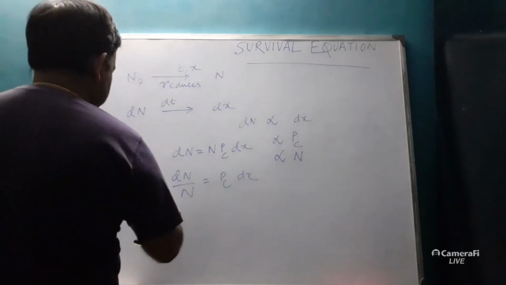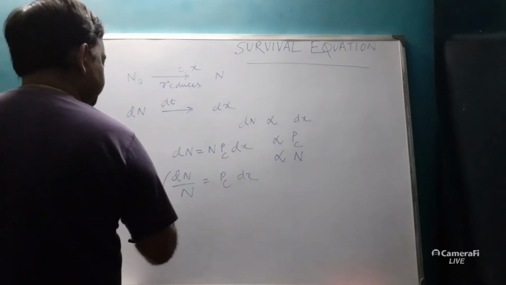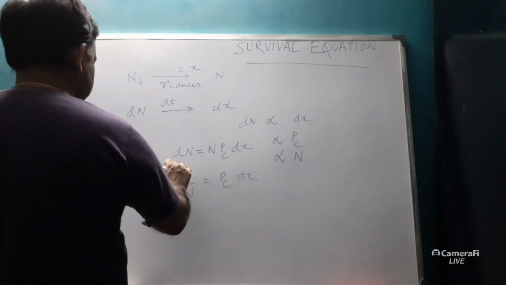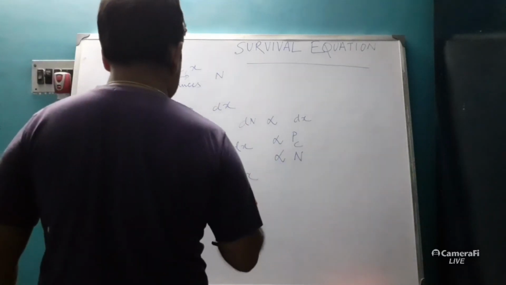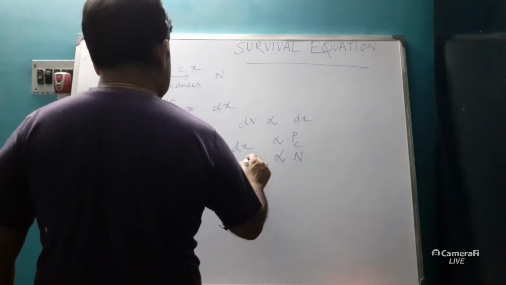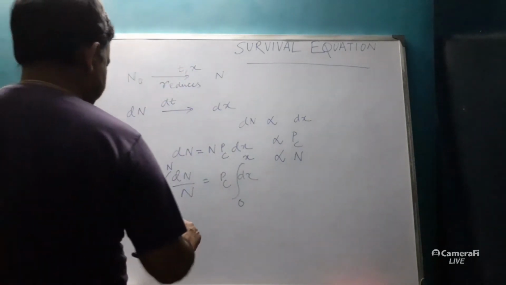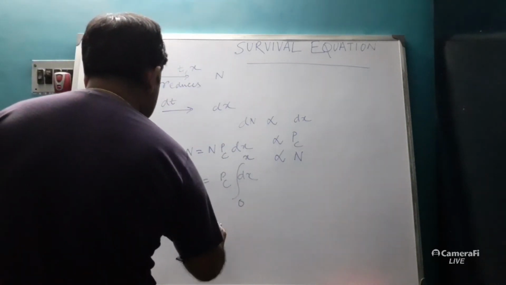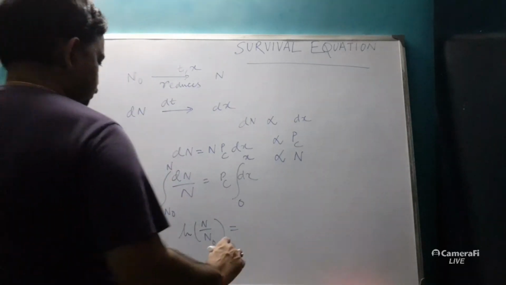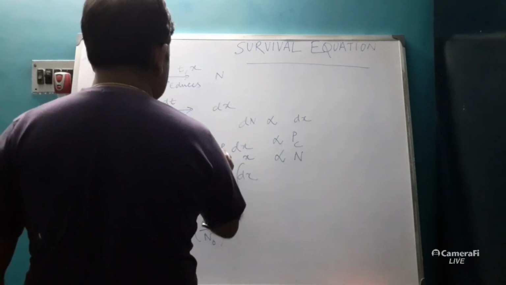So on integration, for n equal to n0 to n, and for x to x, so we write ln n by n0 is equals to, and there should be one negative sign over here.